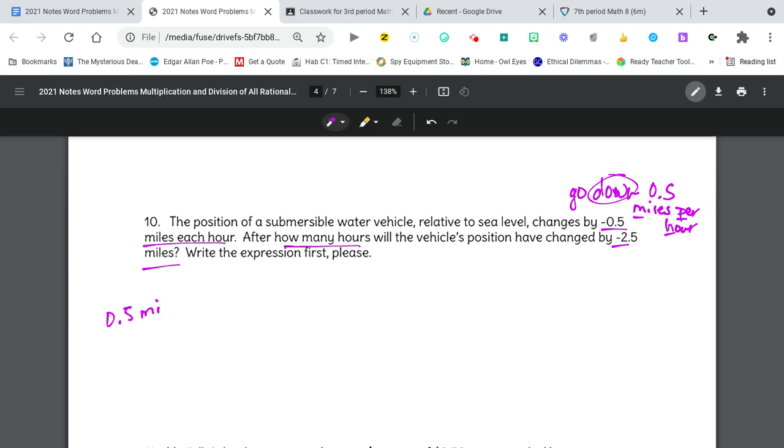This is miles per hour, and this is the total miles changed by. The total miles is changed, okay?